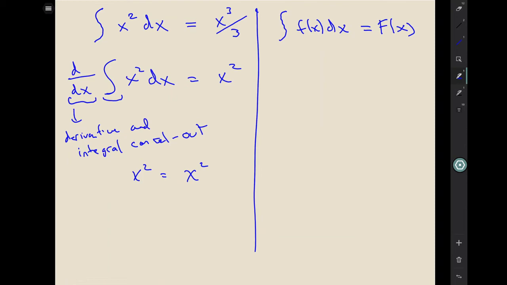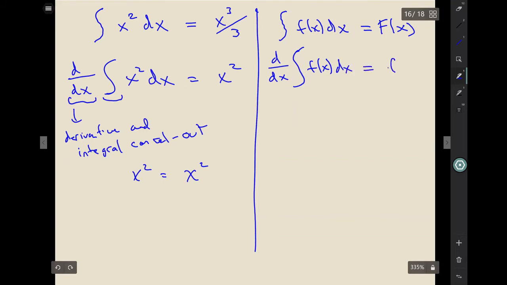And if we took the derivative of this, we would see that we get d over dx multiplied by the integral, dx is just going to be equal to f of x. And we get, f of x is equal to f of x.